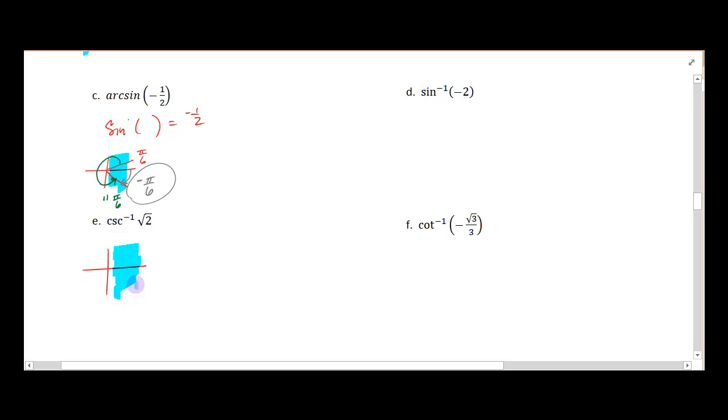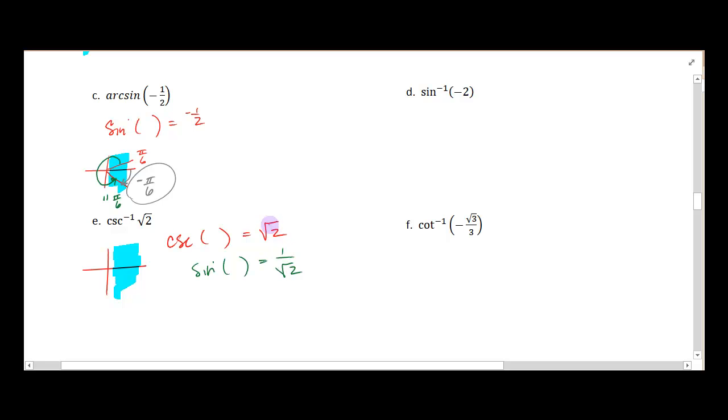Let's back up. I'm asking myself, for what angle, when I take the cosecant of it, do I get the square root of 2? Since I know cosecant and sine are reciprocals of each other, maybe I want to look at this as the sine of what angle is 1 over the square root of 2.